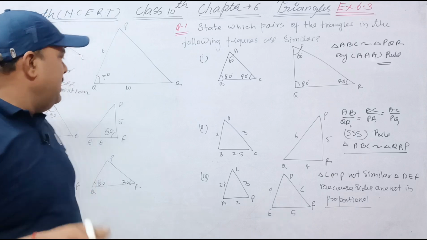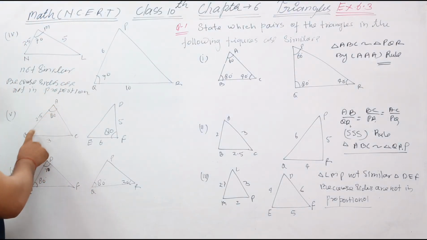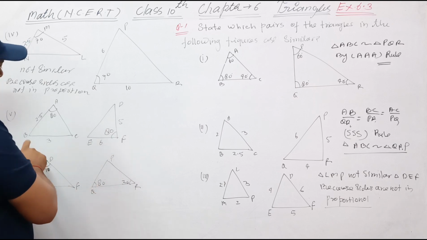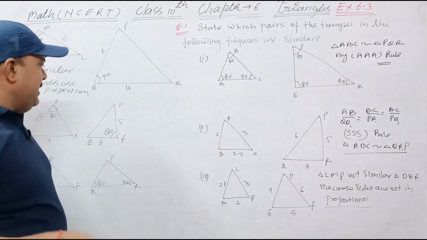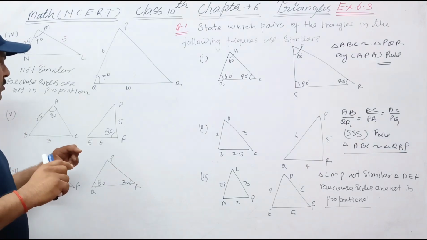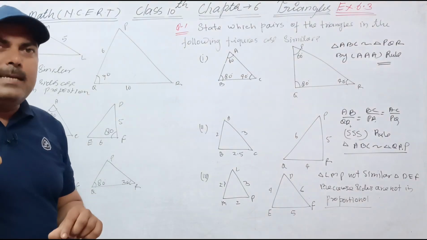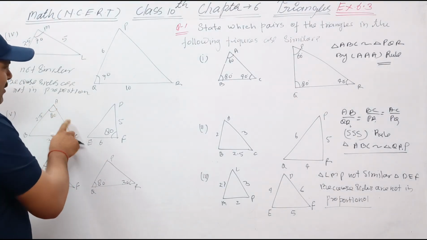Next, question 5. We are given that in triangle ABC and triangle DEF, angle A is equal to 80 degrees, which is equal to angle F, that is 80 degrees. Now, in these triangles we can use the side angle side criterion.